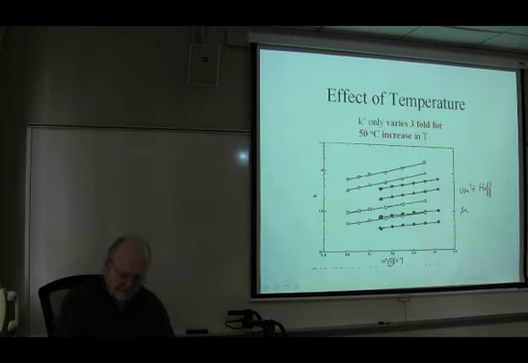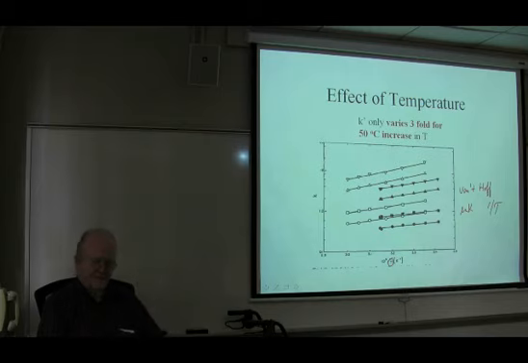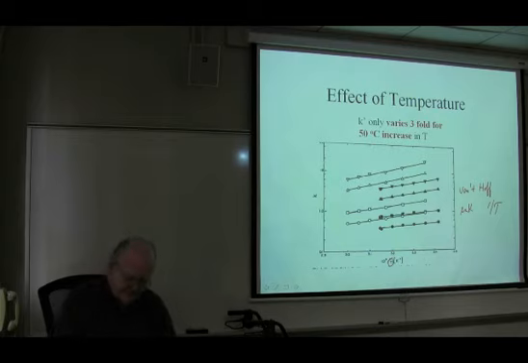Plot of log of equilibrium constant versus 1 over T. Physical chemistry 1. Van 't Hoff plot. Straight line. The slope of the straight line is the enthalpy of the process.